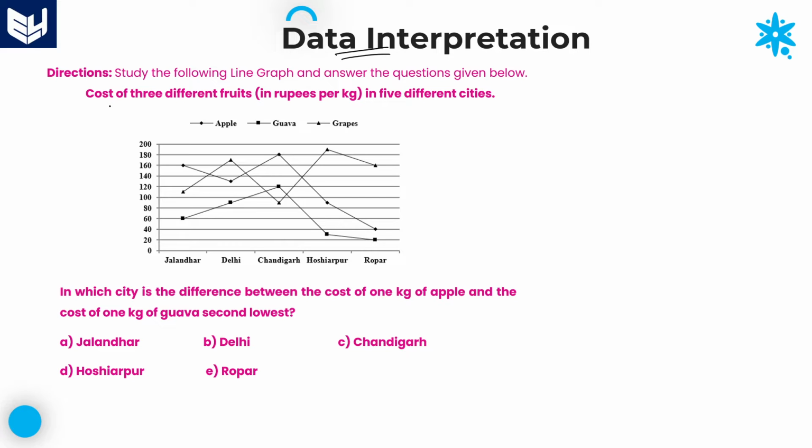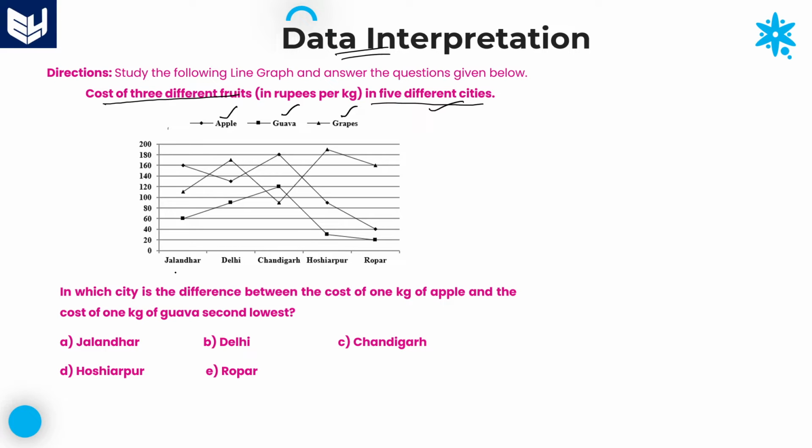Here the information is about cost of three different fruits in five different cities. The three different fruits are apple, guava and grapes, and their cost is provided in this line graph data interpretation, and all the cost values are provided in five different cities.